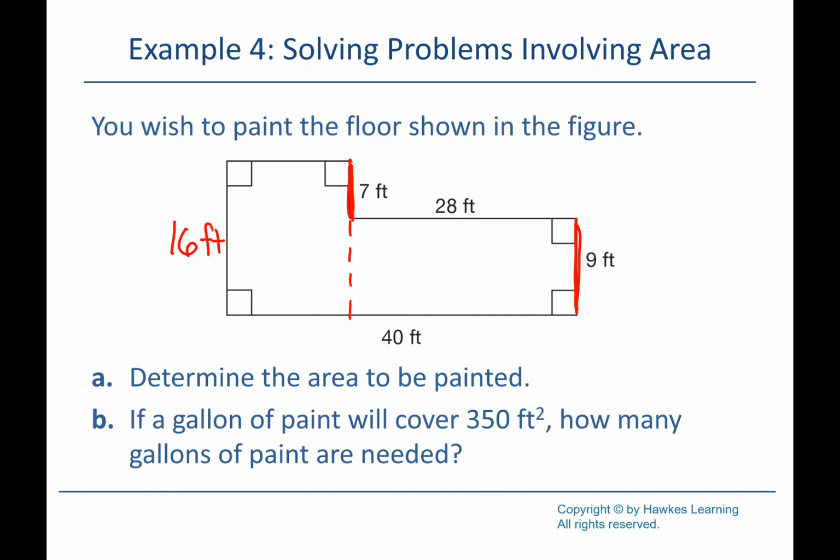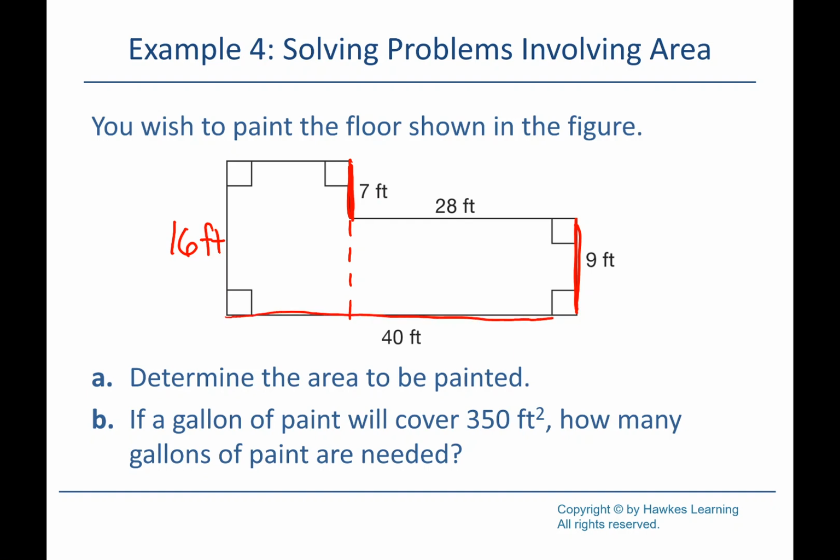And then what about top and bottom of my left piece there? Oh, we only need one of them. We just need top or bottom. They'll be the same. So let's see how we can get that. Plus the whole bottom, 40.